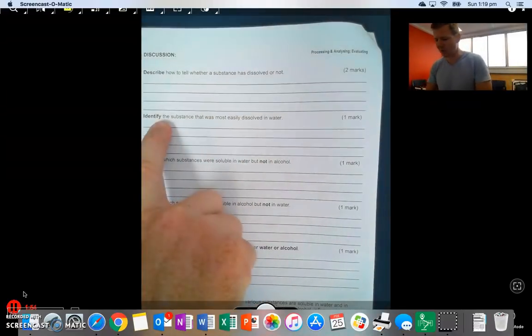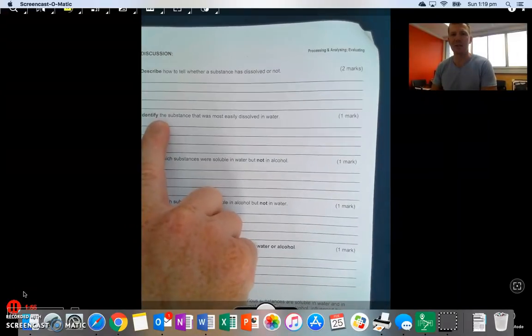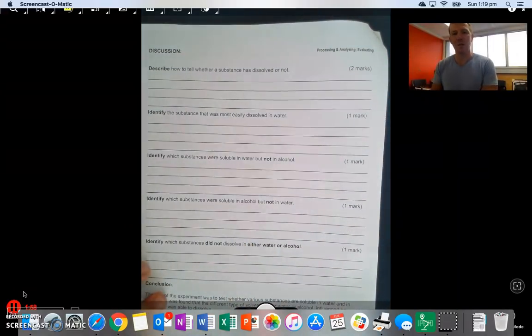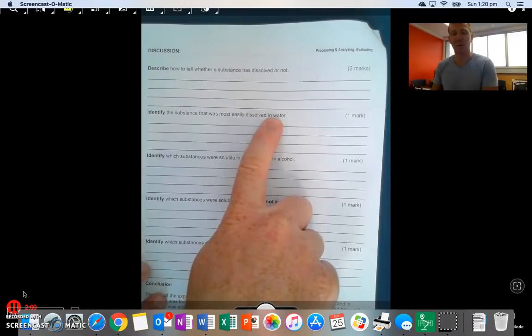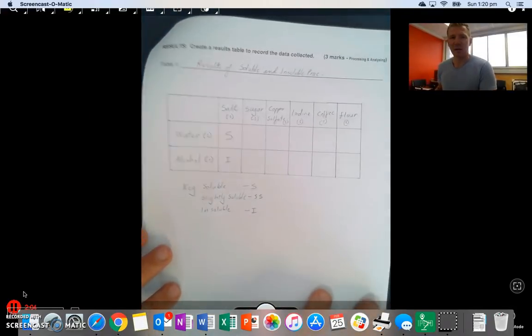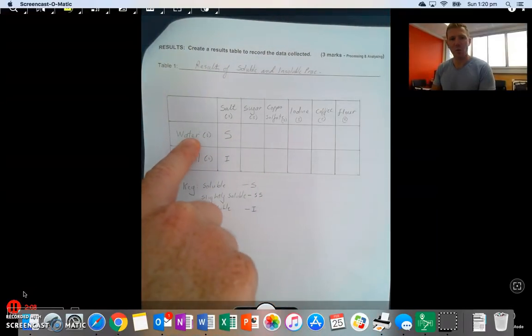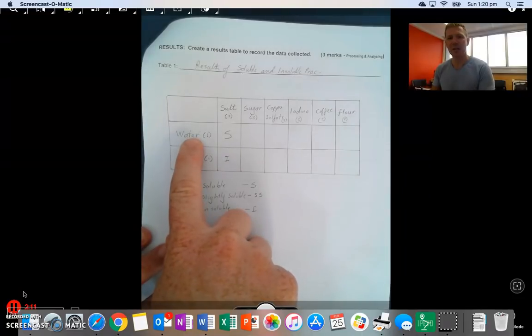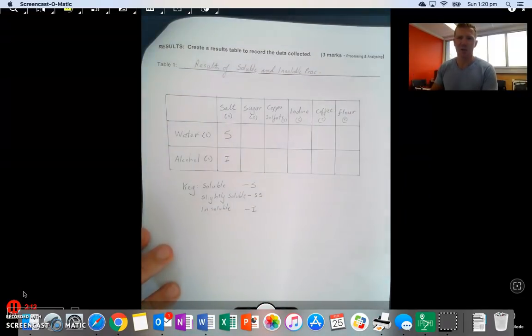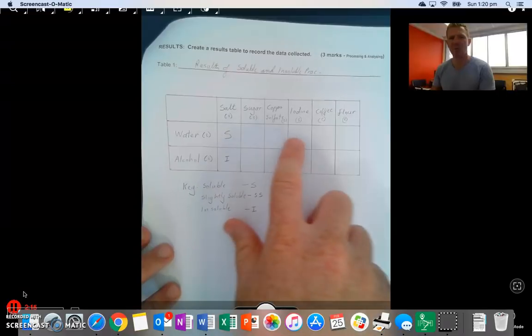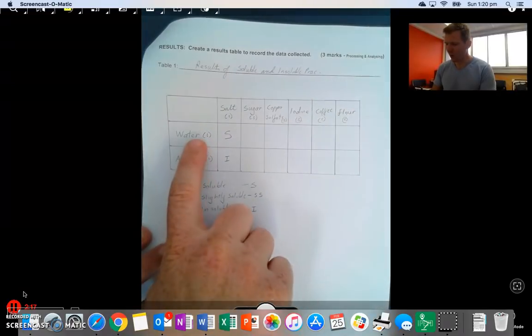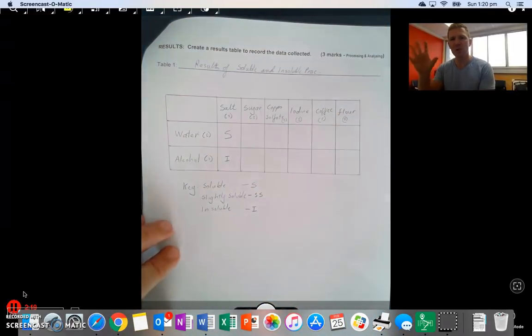So in this case, it says, identify the substance that was most easily dissolved in water, so specifically water. You go back to your really nicely constructed results table. We want to know water, and we want to know what most easily dissolved. Now that's a tricky question because it asks soluble, slightly soluble, insoluble. I'd be going through and asking, well, what definitely dissolved?